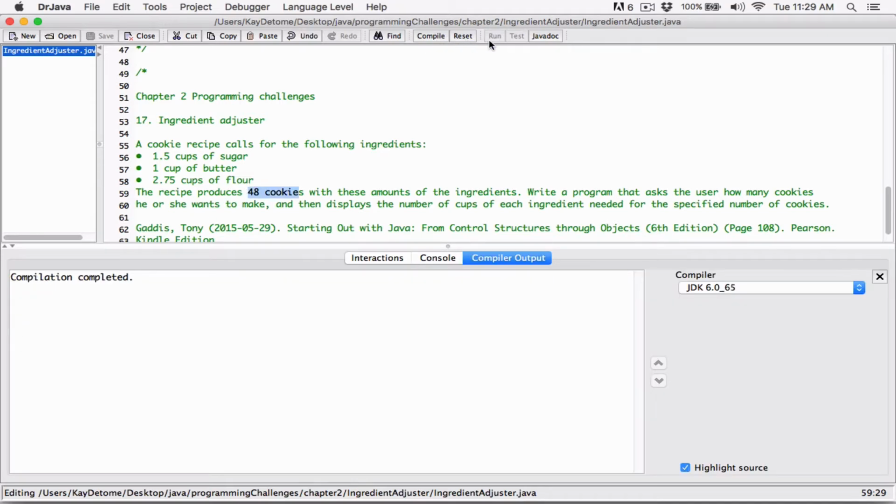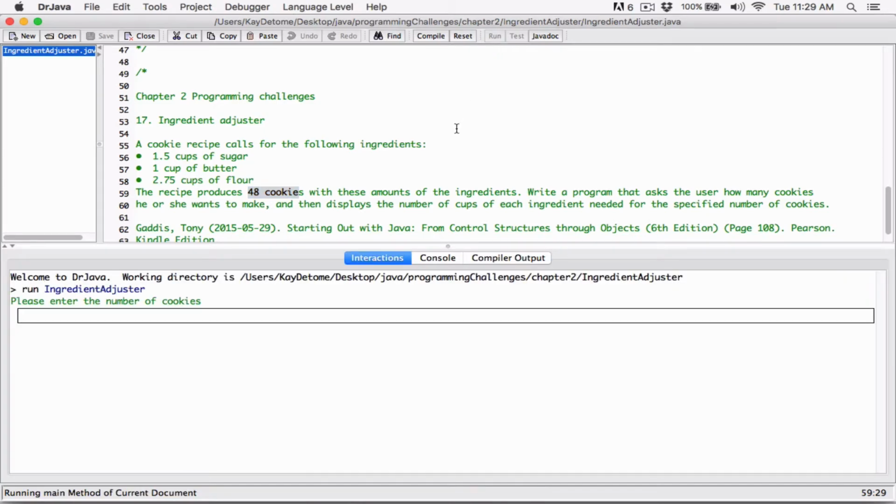So you may think the program runs, but this is the problem. Let's say if I enter 96, right? So that should give us basically times 2 of all these. So because 48, 96 plus 48, I think it's 96. So 96, 3.0, 2.0, it's still working. So let's see.